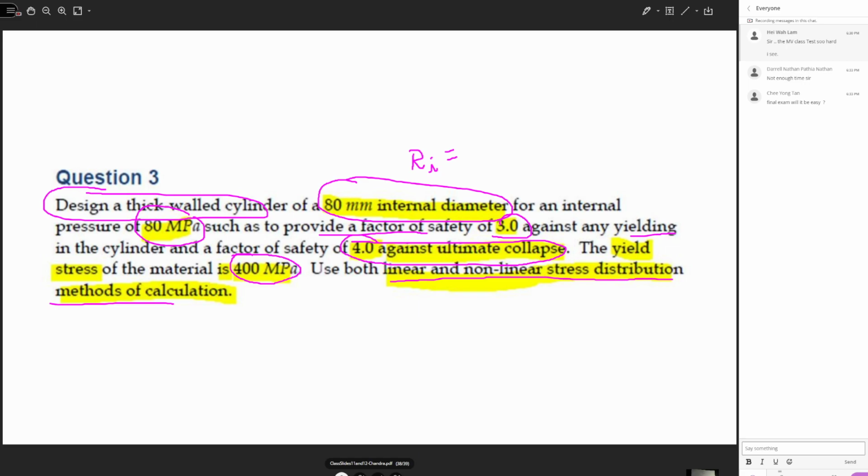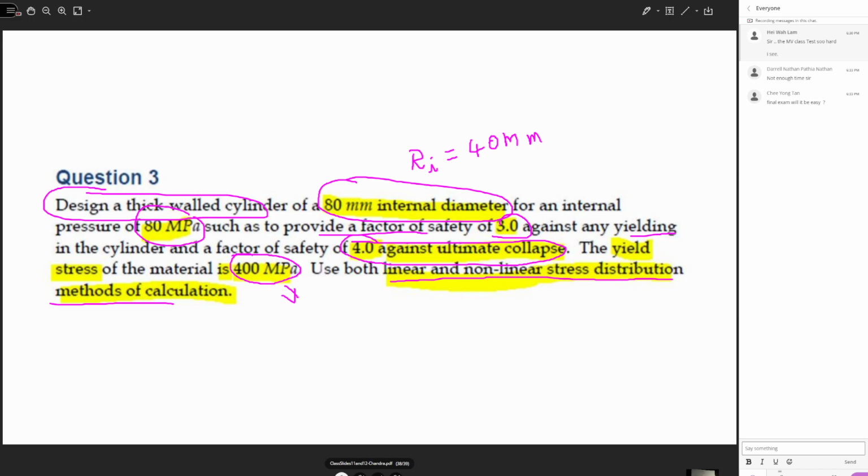We also know the yield stress, the safety factor for yielding, the safety factor for ultimate collapse, and the yield stress of the material, 400 megapascals. So we need to design the thick wall cylinder.